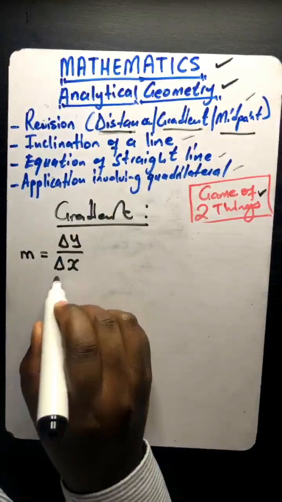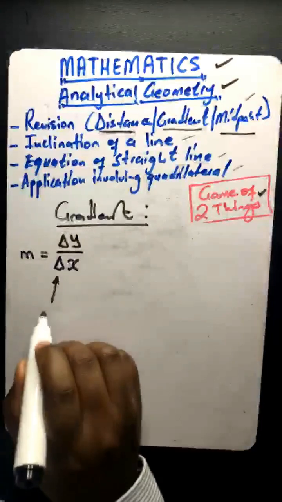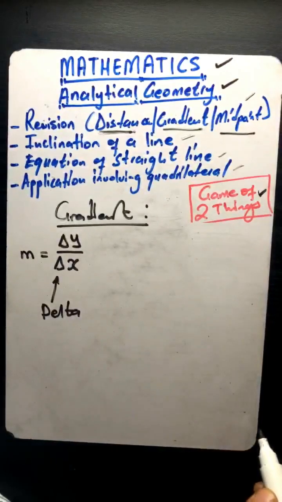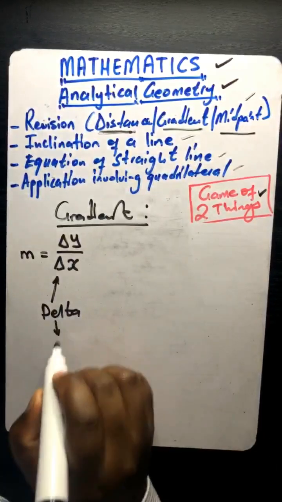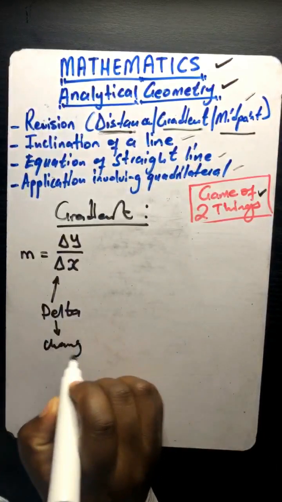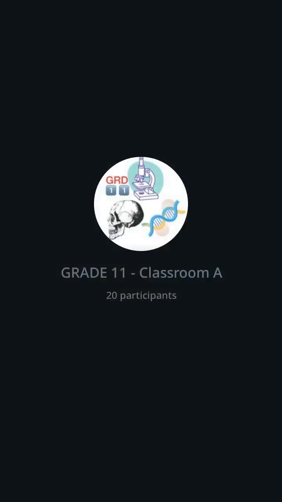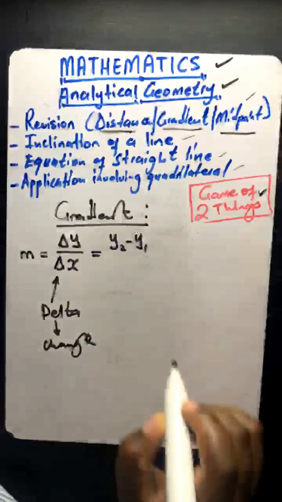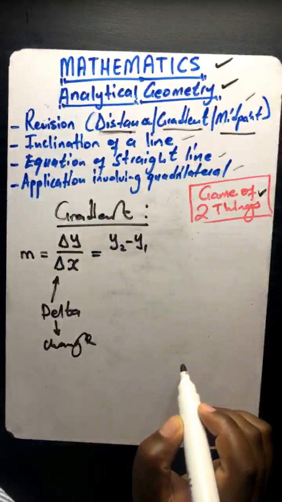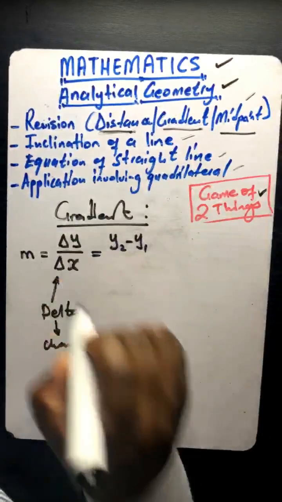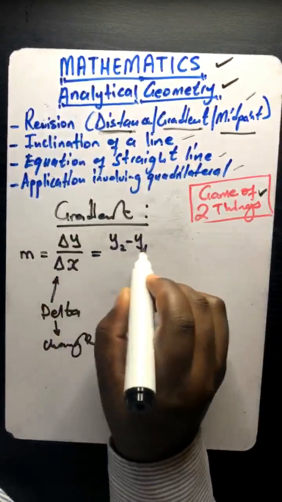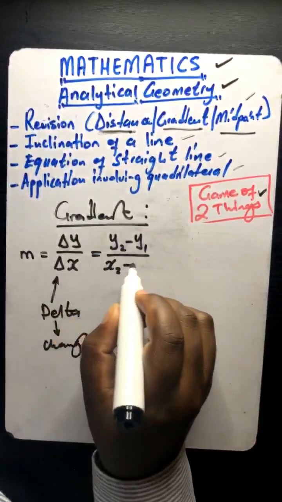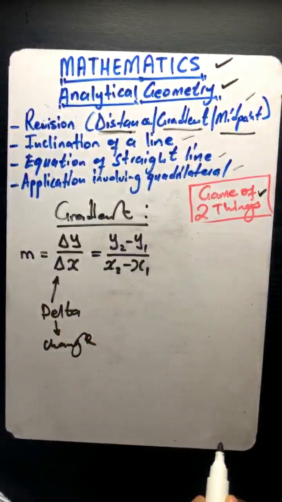This sign is actually called delta, which is a Greek word which means change in English. Change means whatever 2 minus whatever 1. What is the whatever in this case? It is y. So that means it's going to be y2 minus y1 over whatever 2 minus whatever 1.